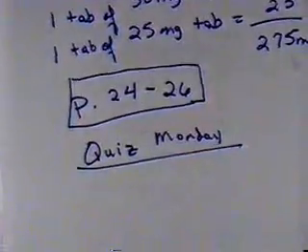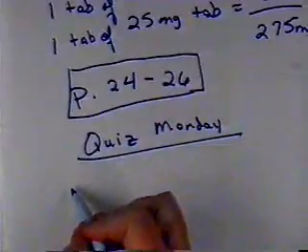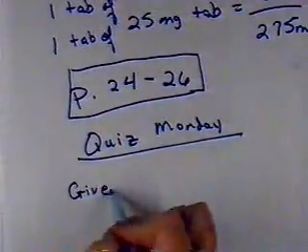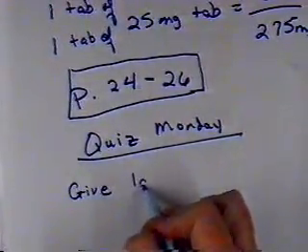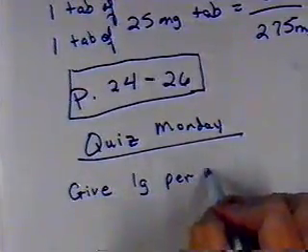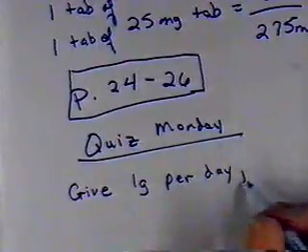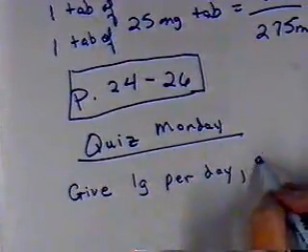And the first problem on the test is going to say something like, give 1 gram per day, QID.